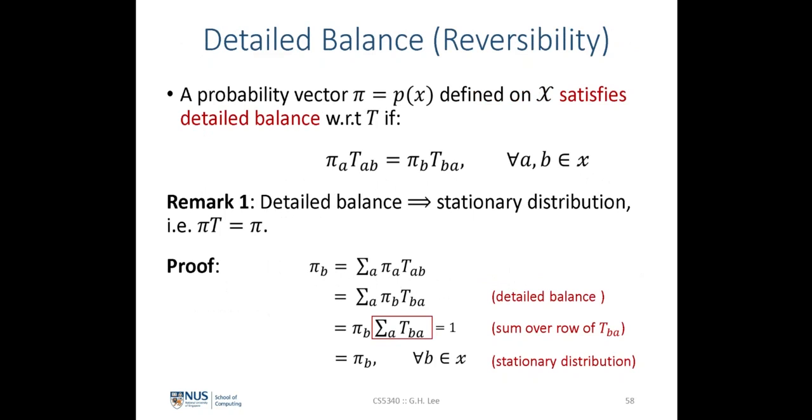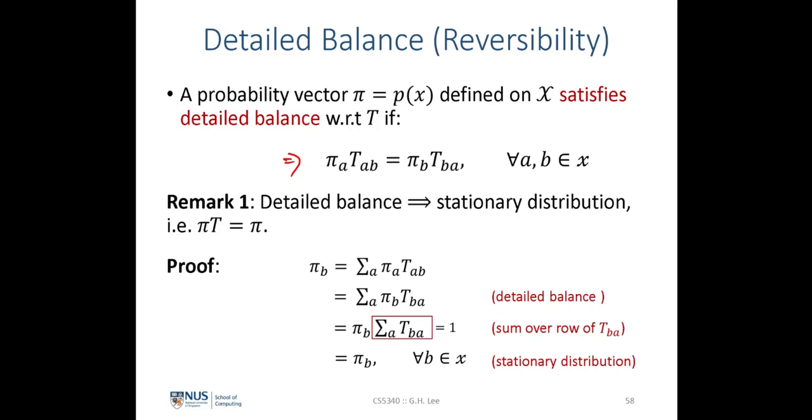Now let us define the detailed balance in order to show that the Metropolis-Hastings algorithm actually works. The detailed balance is also otherwise known as reversibility. So suppose that we start off with a probability vector pi equals p of x defined on the state space of x, and it satisfies the detailed balance with respect to T if this particular condition over here is valid.